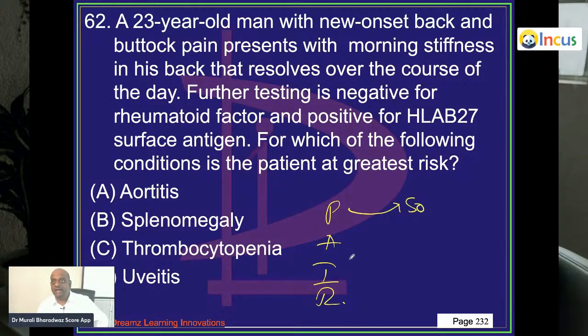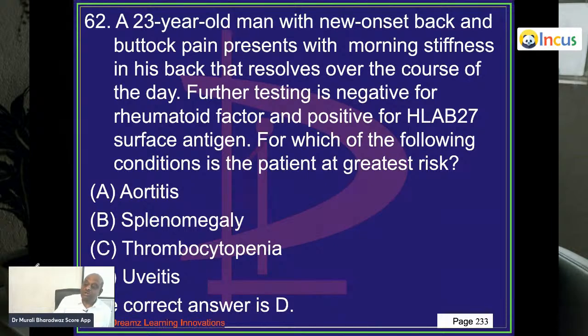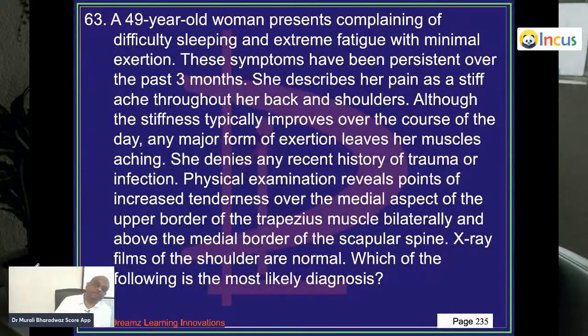P for psoriasis, A for ankylosing spondylitis, I for inflammatory bowel disease, R for reactive arthritis. These are called PAIR, which is HLA-B27. These are all seronegative spondyloarthropathies where rheumatoid factor is negative. So ankylosing spondylitis typically presents with uveitis.